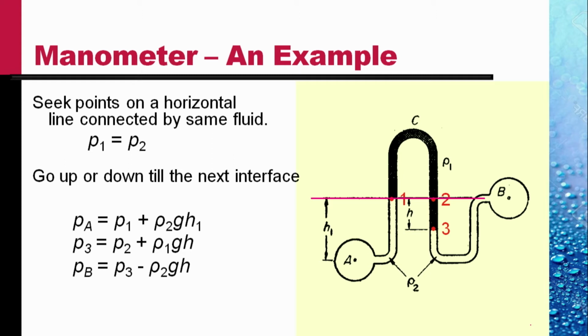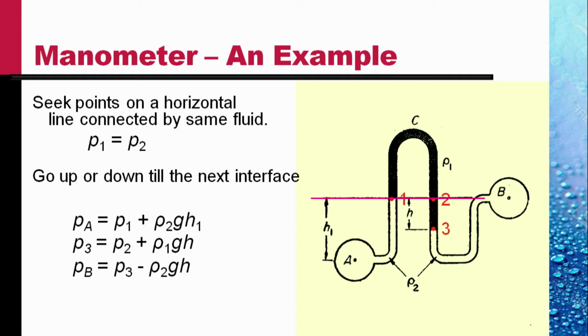Since the uncolored portion of the tube is filled with a fluid of density rho 2, the pressure at A is higher than the pressure at 1 by a liquid column of height h2 and of density rho 2.